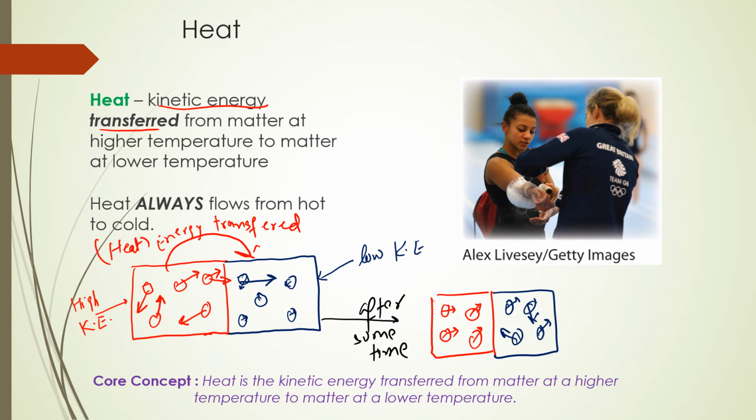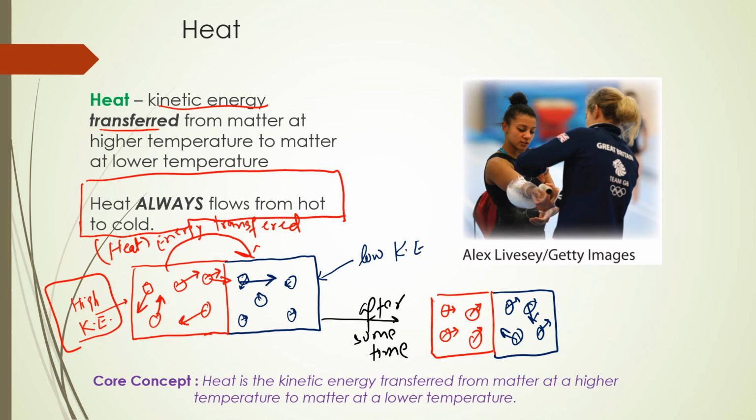Now, as we can see, energy can only be transferred from a fast moving particle to a slow moving particle. The other way around is not possible. Or in other words, heat can only be transferred from high kinetic energy to low kinetic energy. So the transfer of heat always takes place from hot to cold.